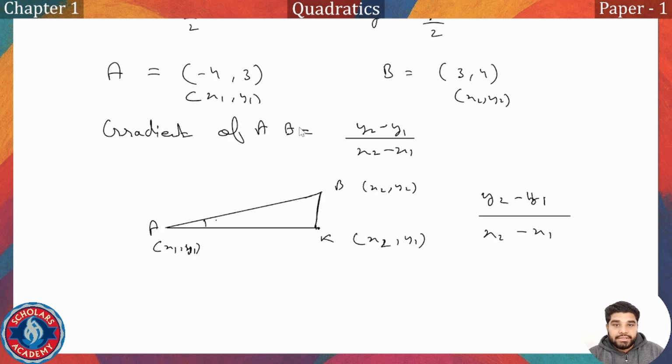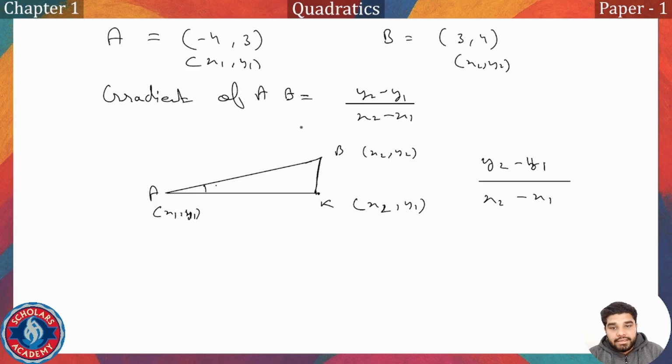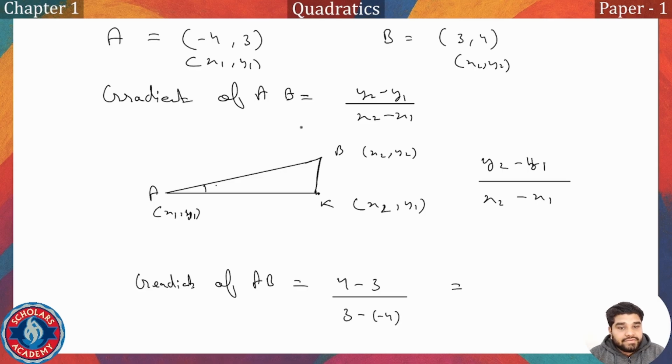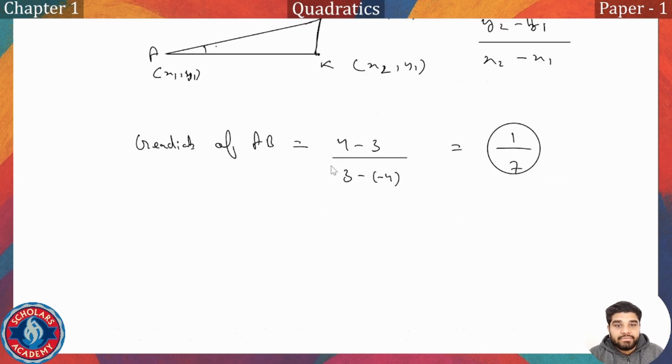All right, let's continue. So gradient of AB is equal to y2, that is 4 minus 3, over 3 minus minus 4, this gives us 1 over 7, right? So we got the gradient, we got the midpoint.